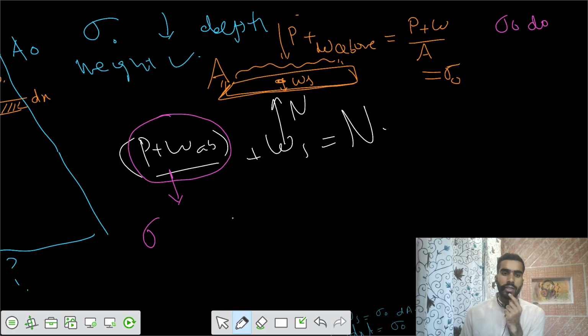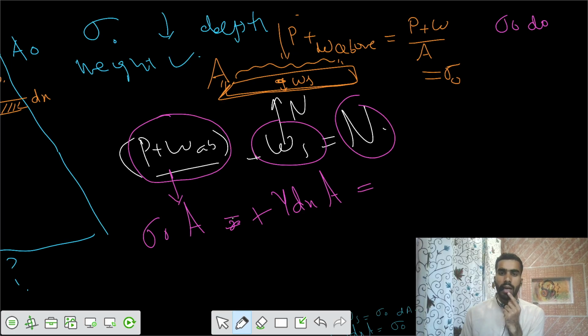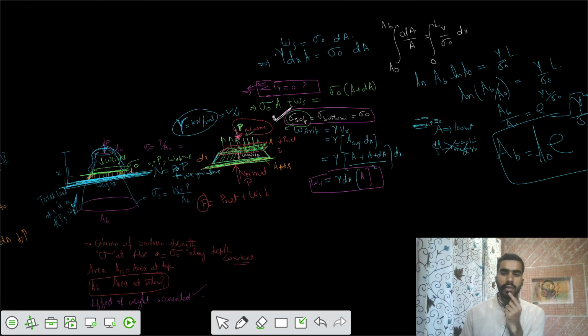So I write sigma naught into A, plus the weight of the strip, which I calculated as gamma dx into A, equals some normal reaction. I don't know the value of N, but I know the area here is A plus dA, and the stress developed here is also sigma naught. Based on this, I derived this equation.